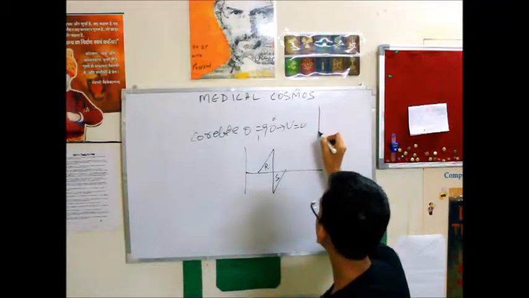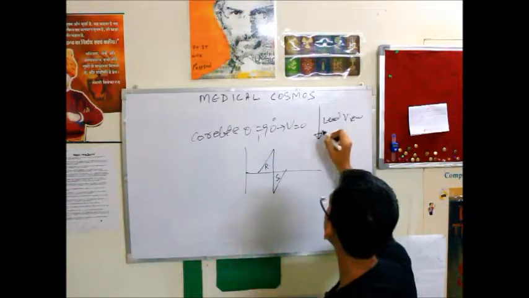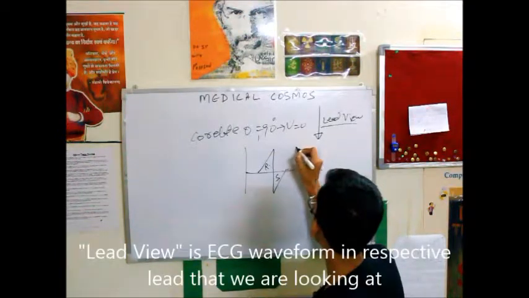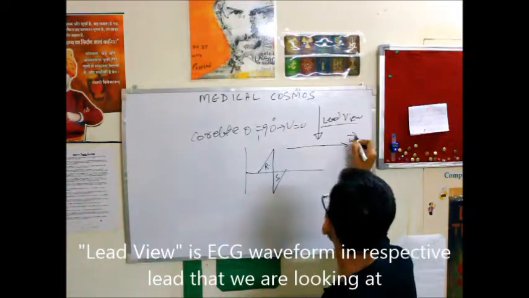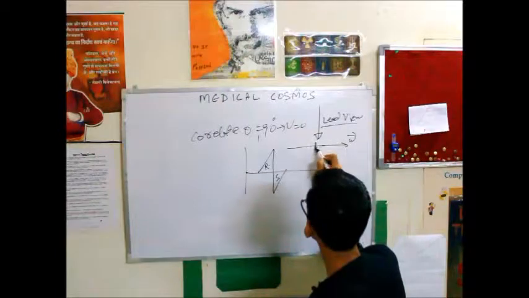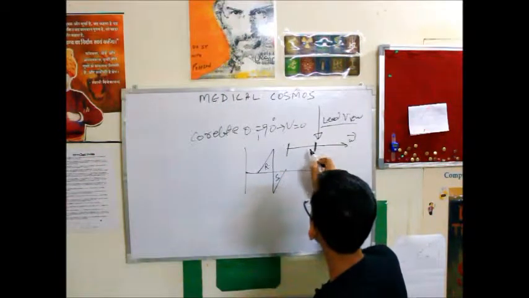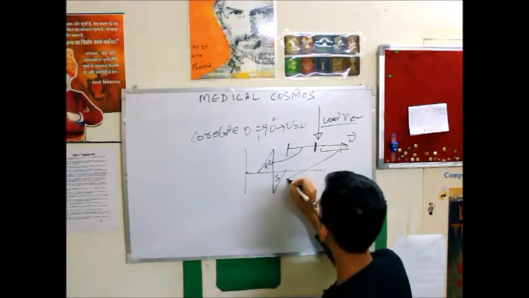For example, here we have the lead view, and the wave of depolarization traveling. Consider up to this part we have this wave, and up to this part we have this wave.